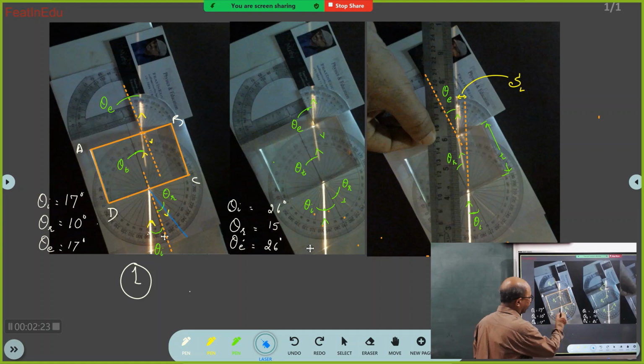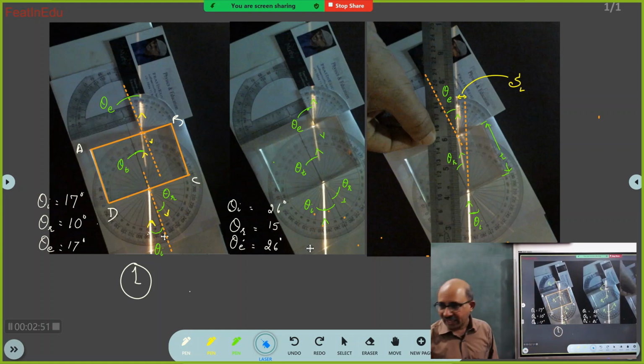Now here this ray would have traveled like this. But because of refraction, it has deviated. And what is this? This is the normal. The ray would have traveled like this, but instead it has deviated, and this becomes the angle of transmission.